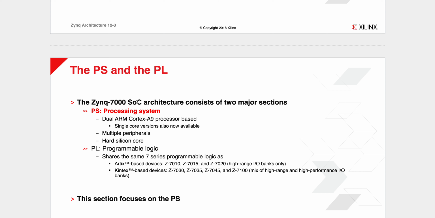So this is the basic structure of a Zynq 7000 system on chip architecture. It consists mainly of two major sections. The first section is the processor and the second section is the programmable logic.